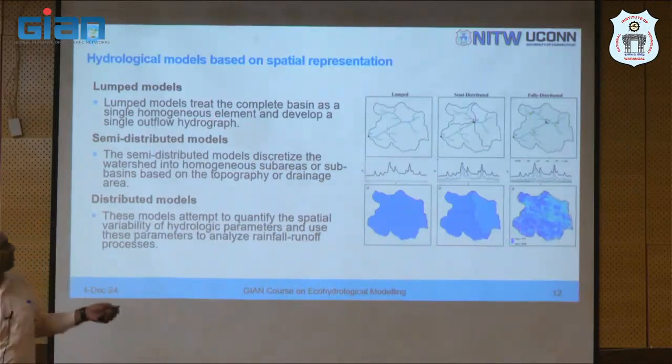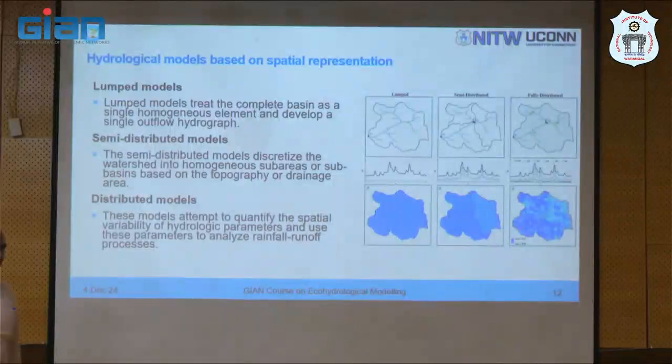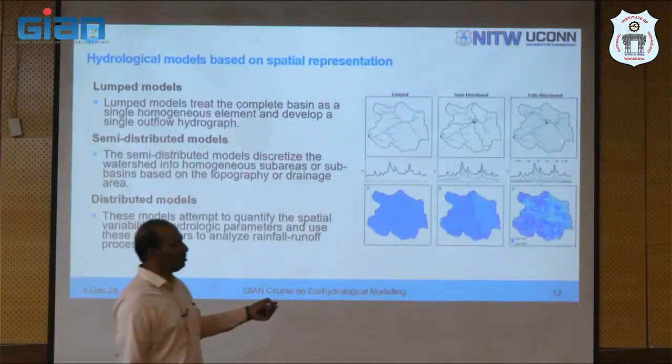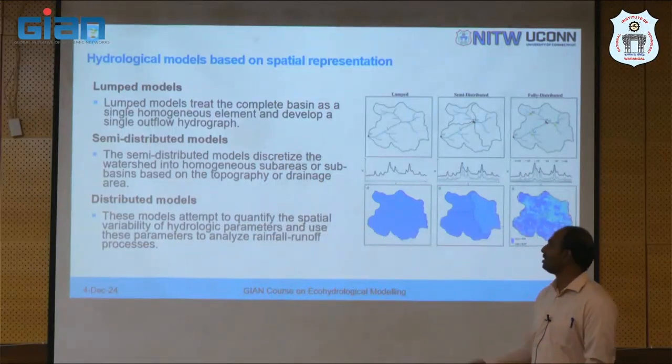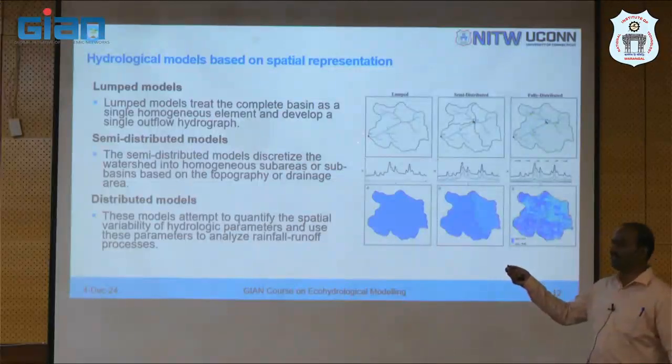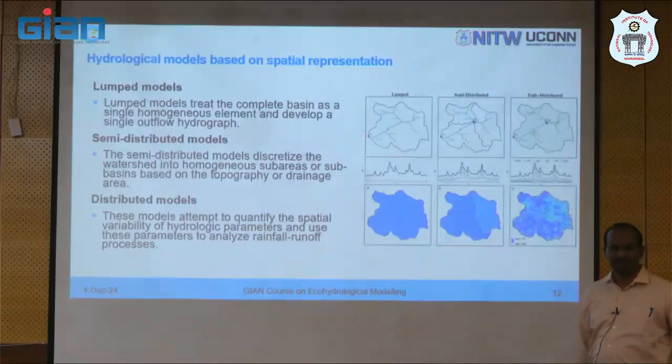Do we really need to represent our system like this, or is this sufficient, right? For example, someone was talking about floods in the morning. I don't want to represent the entire process in the catchment. I am interested in the flow that is coming here at the outlet, so that I can do my flood management plans.